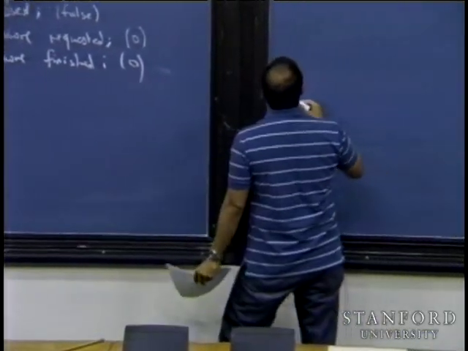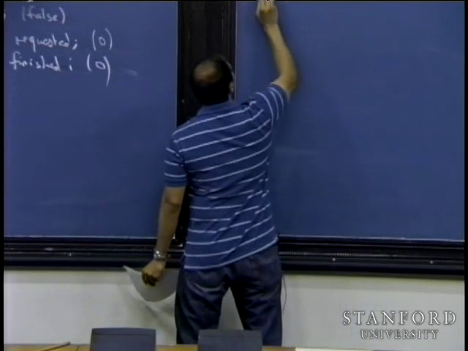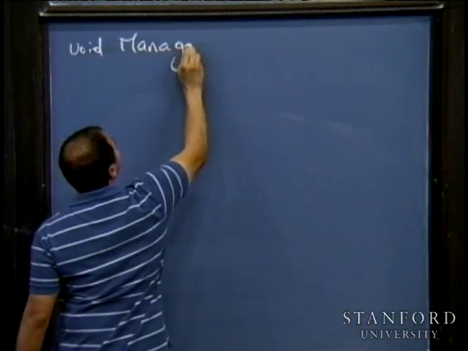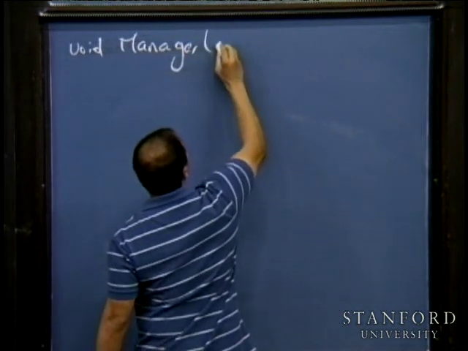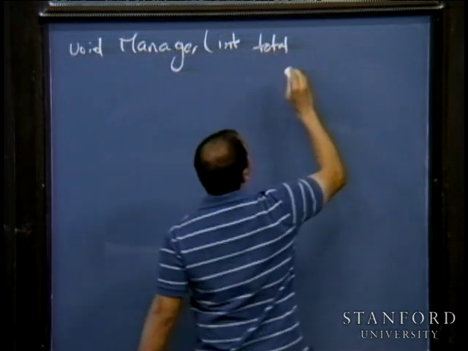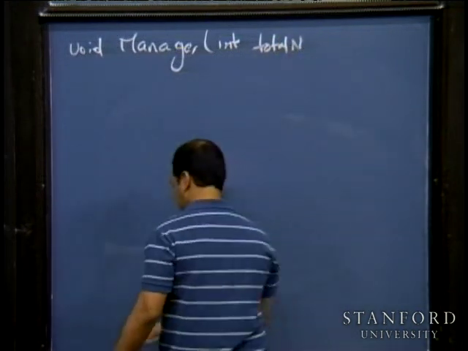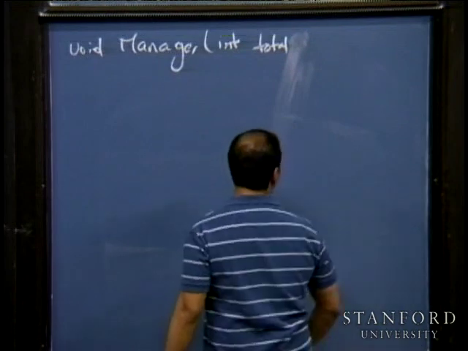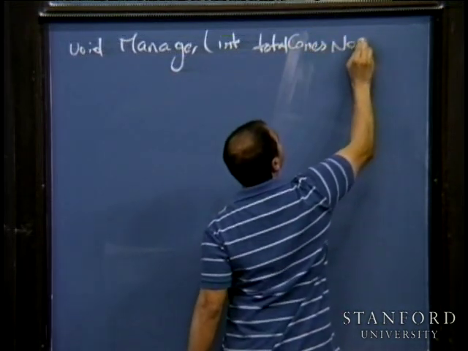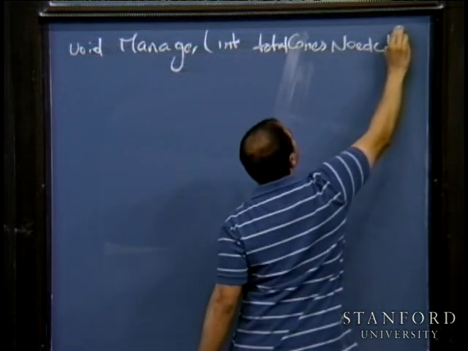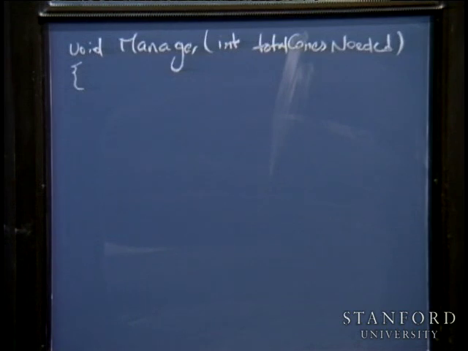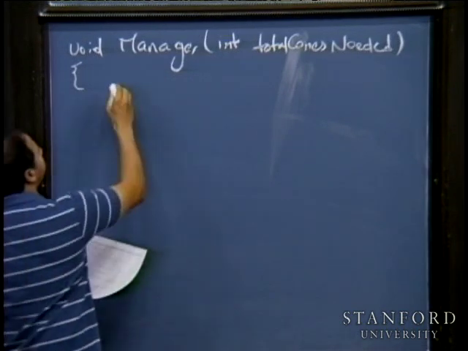So we'll have the function manager, so that's void manager. The manager takes an int, which is the total number of cones. So let's call it total cones needed. And here is what the manager does. I'll have two variables.